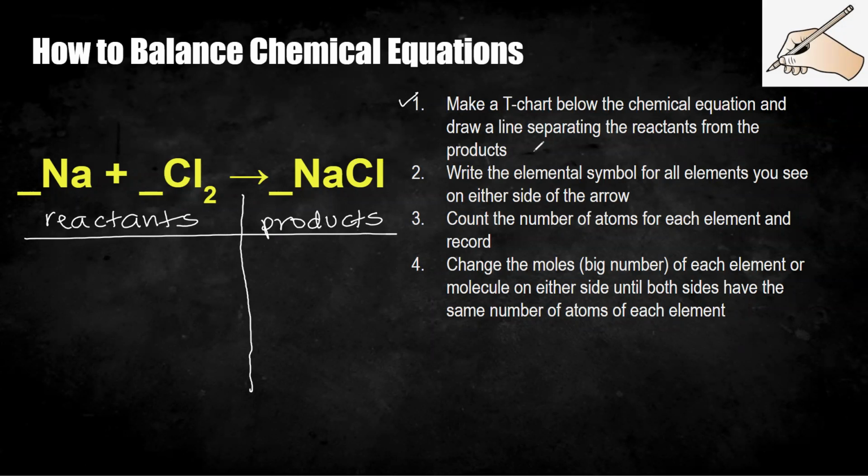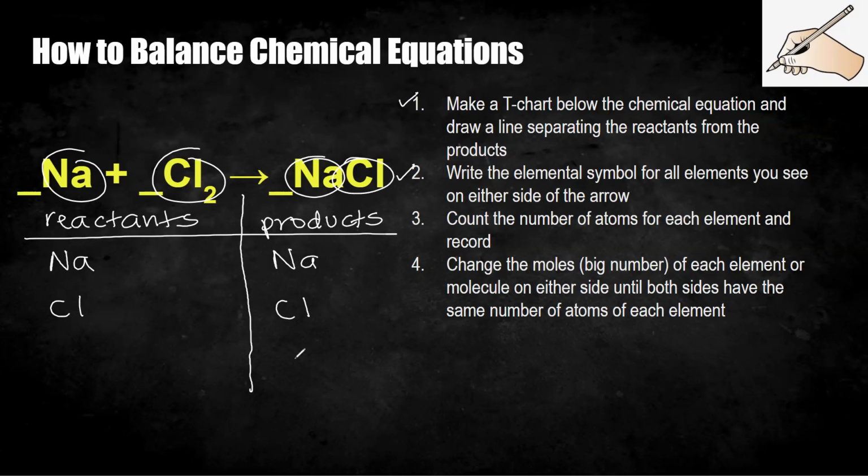Step number two is writing the elemental symbol for all elements you see on either side of the arrow. So I see a sodium here, and I see a chlorine, and I see a sodium again, and I see another chlorine.